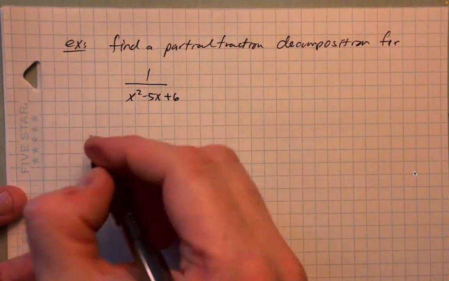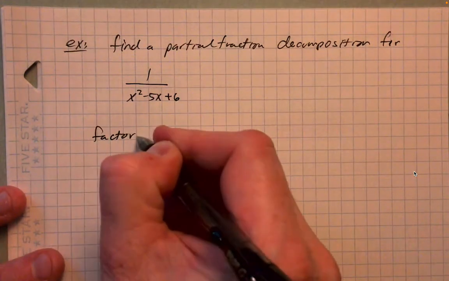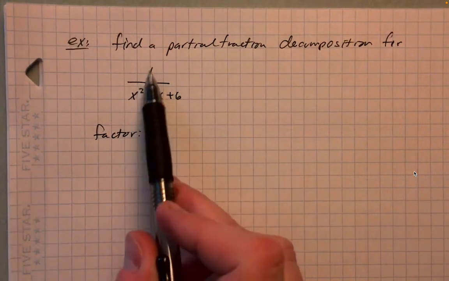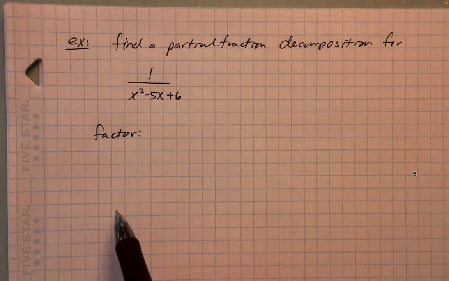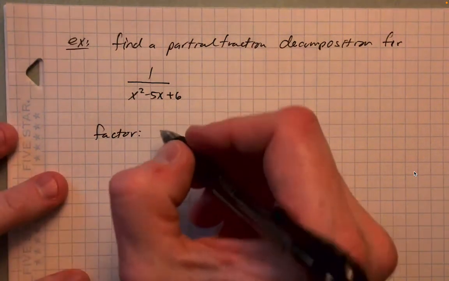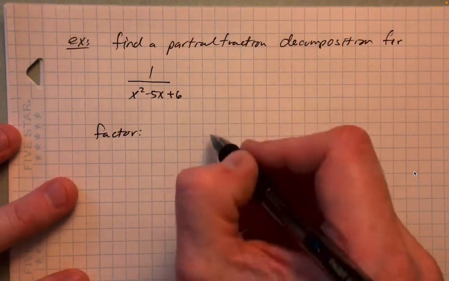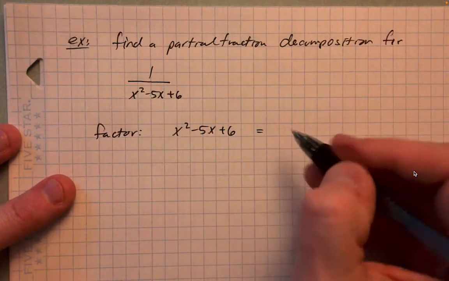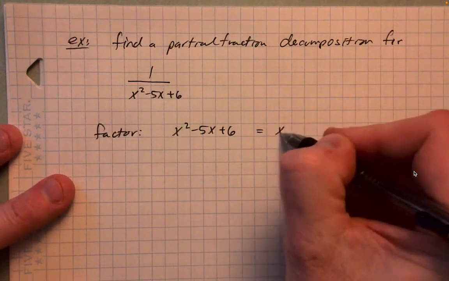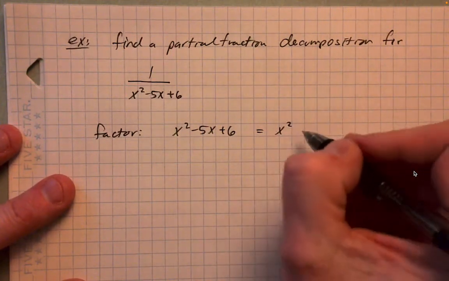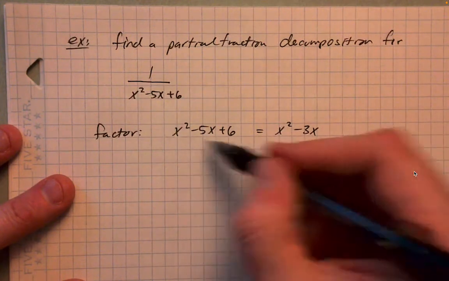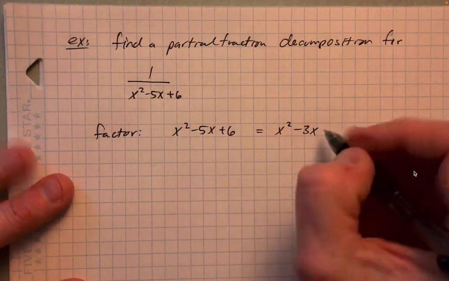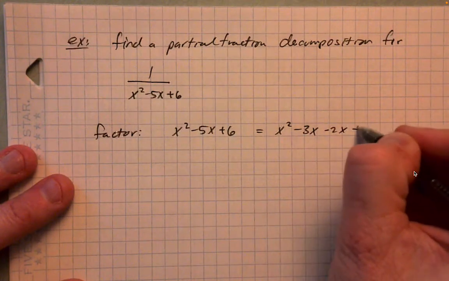So first we'll factor. Well, obviously we don't have to do any division. The numerator is a constant, the denominator is a polynomial. So we've got to factor x squared minus 5x plus 6. Some of you may be able to do these things in your head. If you can't, that's okay. You can break this up: minus 5x is the same as minus 3x minus 2x.